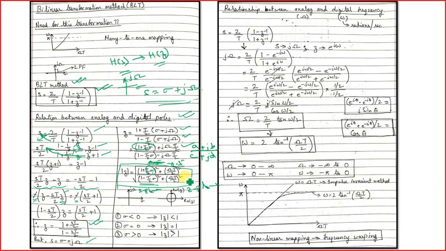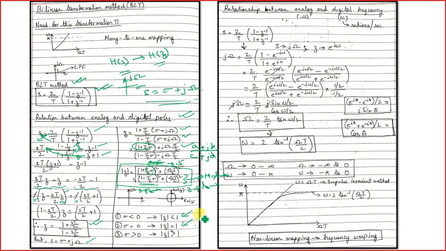So the lower term will be higher. So your modulus of z would be less than 1, right? Similarly, when sigma is equal to 0, both numerator and denominator become equal and you get a value of 1. And when sigma is greater than 0, your modulus of z is greater than 1.